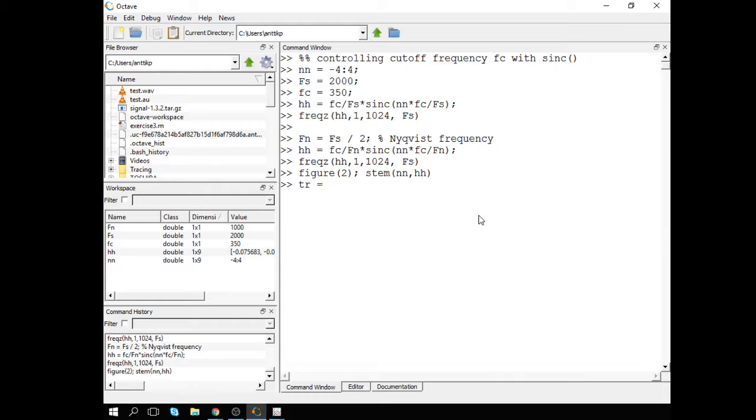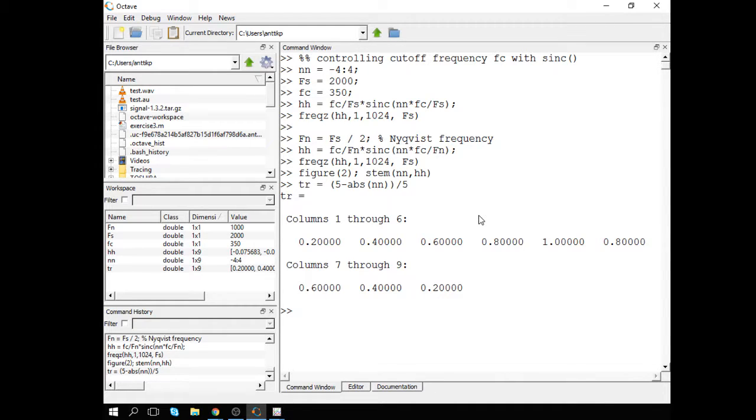TR equals, all right, for 5 minus absolute value of n divided by 5. Yeah, that's a triangular shape window.